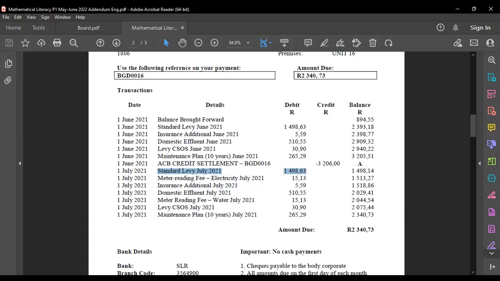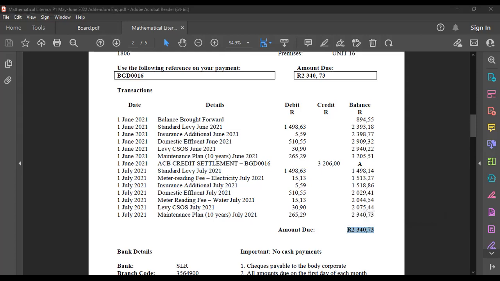1,498 rand 63 divided by the amount due, which was 2,340.73, times 100.